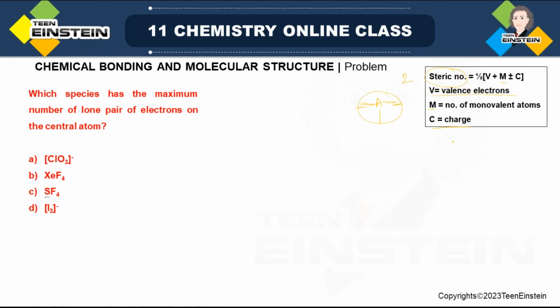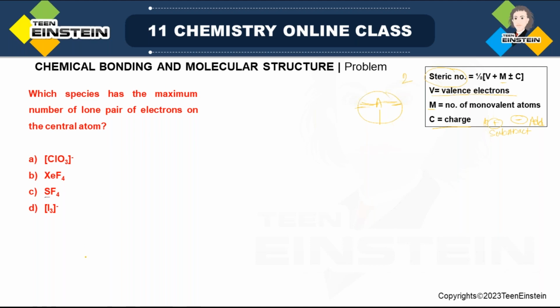And then what about C? C is the overall charge. If it is positive, though that is comparatively rare, you have to subtract it. If the overall charge is negative, then you have to add it. So positive charge means subtract it.